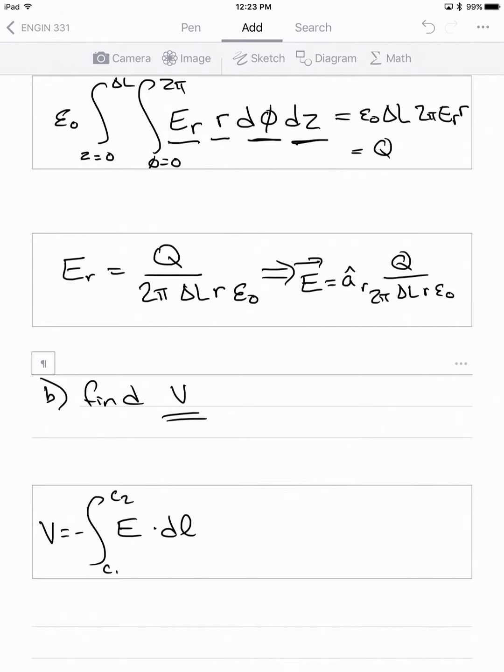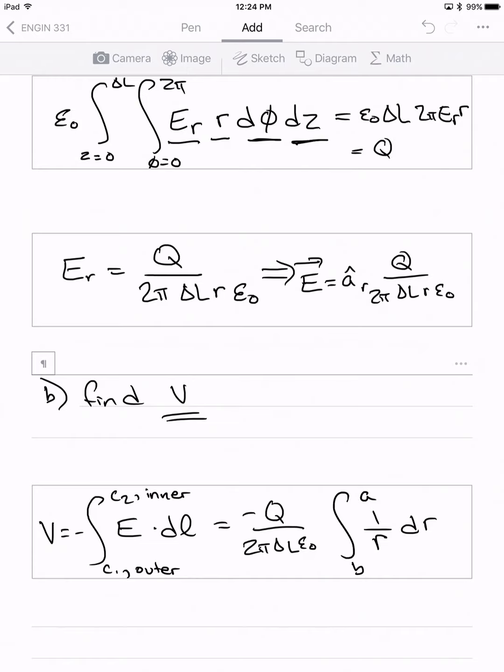And we're going to say that conductor 1 is outer and conductor 2 is inner. So it's going to be minus q over 2 pi delta L epsilon naught integral from B to A of 1 over r, and dl is going to be dr.